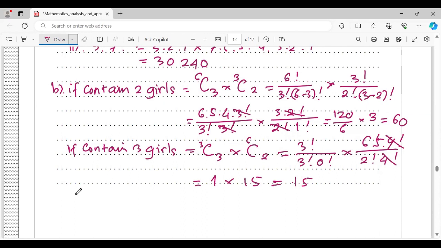So the number of possible is 60 plus 15 equals 75. That's the solution.